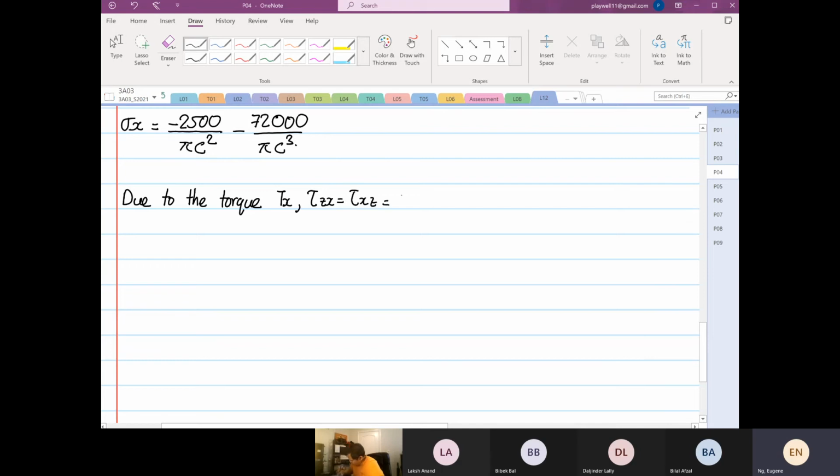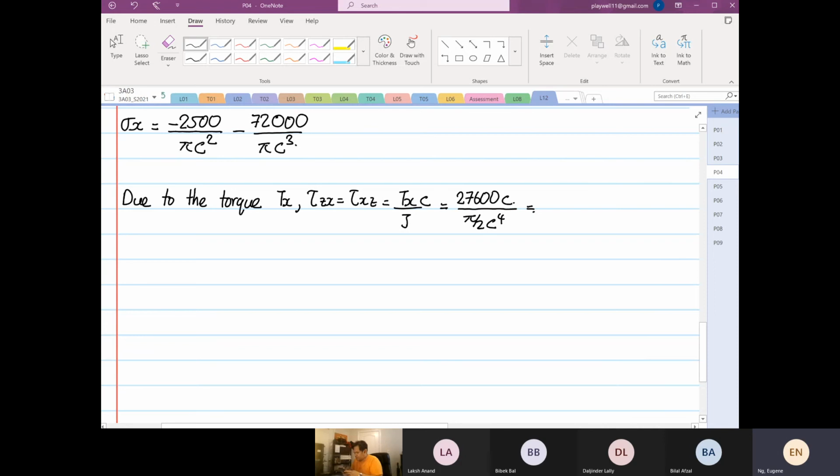The shear is Tx over J multiplied by C. We found that the torque in X is 27600 multiplied by C divided by pi over 2 C to power 4. That's the formula for polar moment of area.